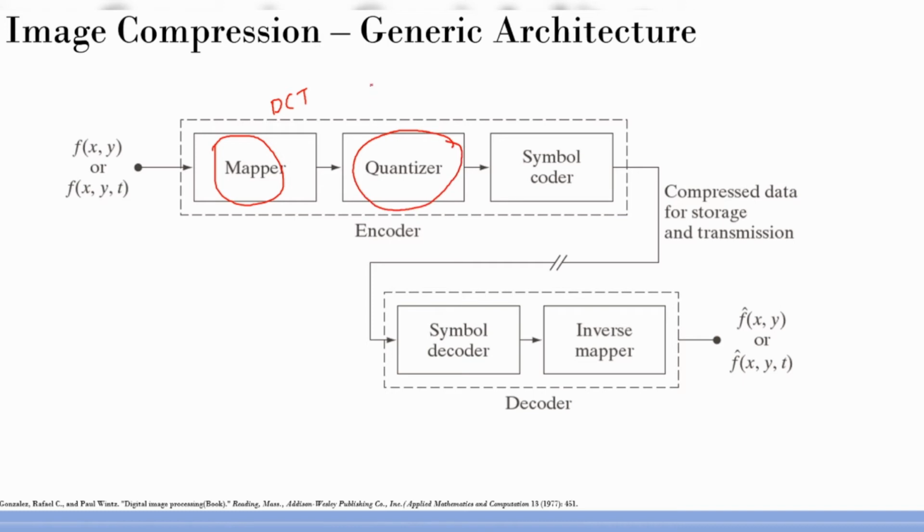One is like a thresholding operation, to reduce the significance of coefficients. That is one way of thinking about it. The second way is that by quantizing, what you essentially do is limit the number of options.